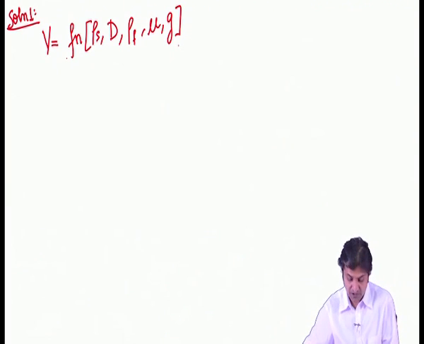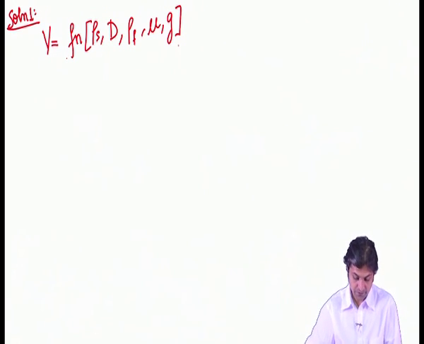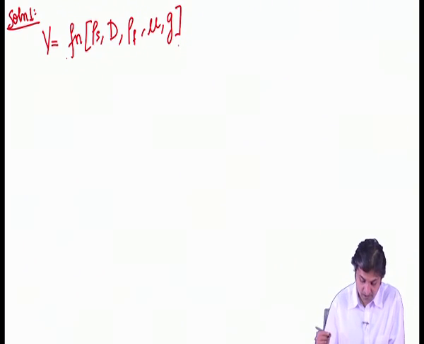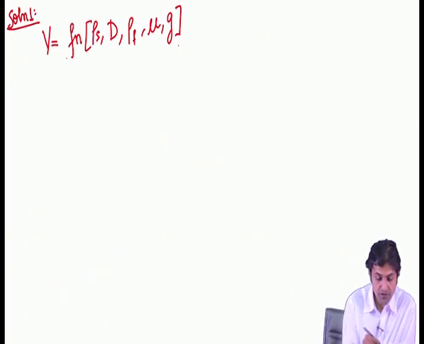See if we have missed any variable. So, it says small sphere of density rho s and diameter d settles at a terminal velocity v in a liquid of density rho f, dynamic viscosity mu and g. All right. So, first step is that we have to list the dimension of each variable.